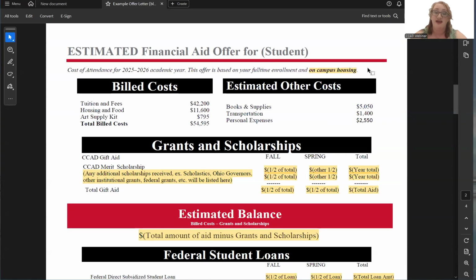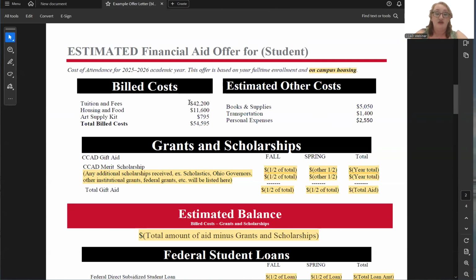But we're going to assume that this random student is living on campus, and these numbers are going to reflect that. So the first thing we're going to talk about here is going to be the billed costs. This is going to be how much tuition and going to CCAD is going to cost before any grants and scholarships or loans are taken into account.